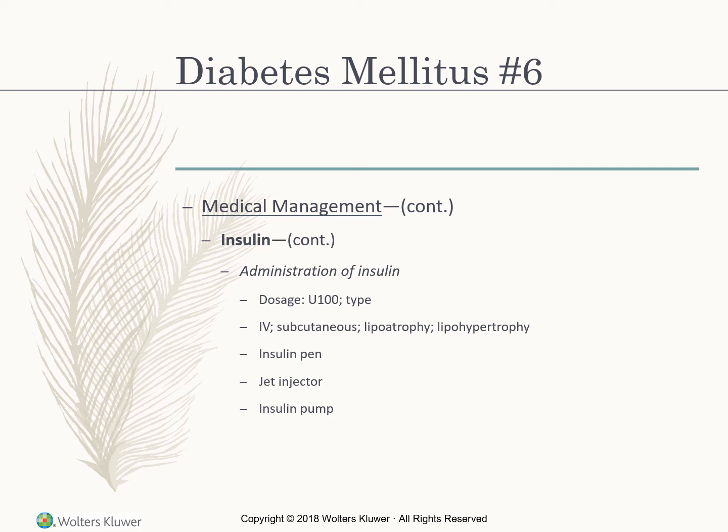The pump is worn in a pouch or a belt holder and attached to tubing with a needle. The needle is then inserted into the subcutaneous tissue in the abdomen and can remain in the same site for up to 3 days. Clients who are interested in controlling their diabetes with an insulin pump need to consider both its advantages and disadvantages.